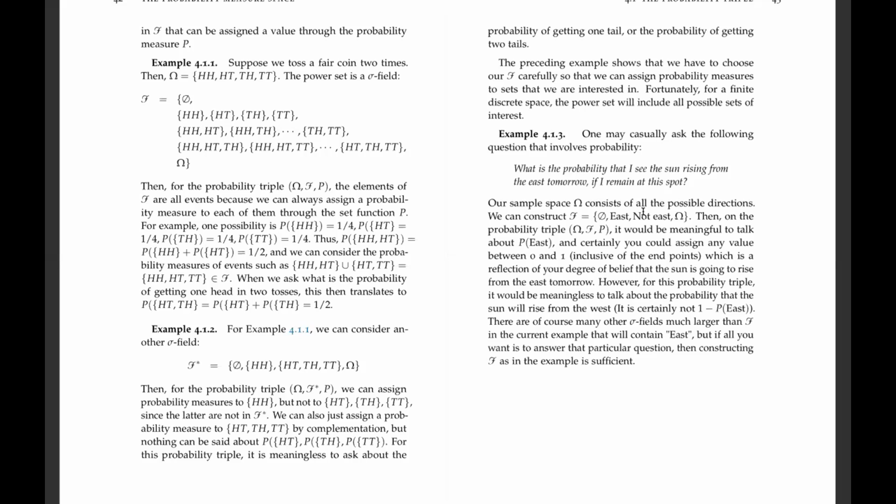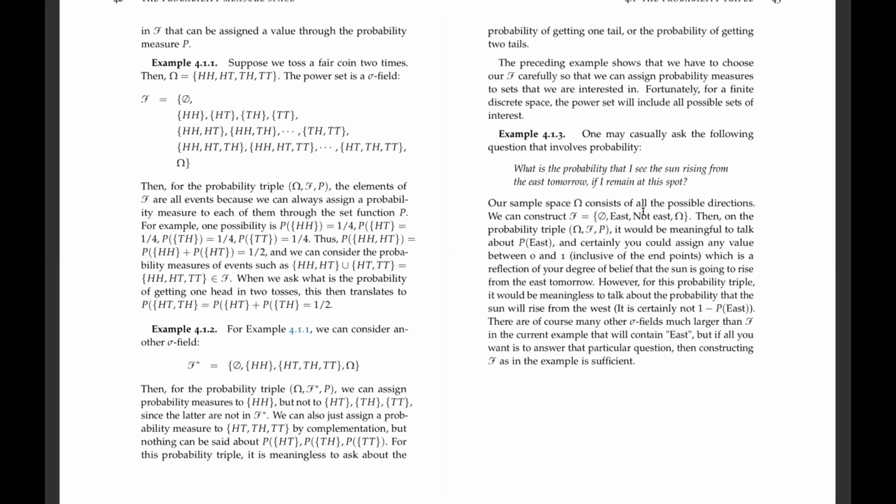Then you can create your probability triple, omega, F, and P. Since east is an element in F, it's meaningful to talk about the probability of east. You can assign any value to it, from 0 to 1, any value you like. As far as the construction is concerned, there's nothing wrong with it.